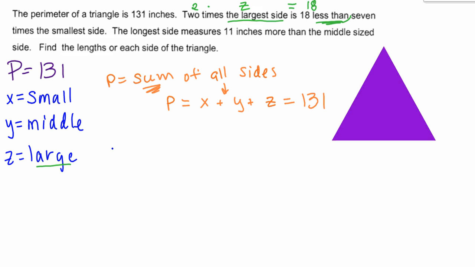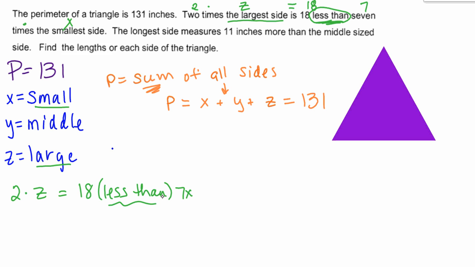So we'll circle that and come back to it, 7 times the smallest side, which we called X. So right now, here's what it looks like. 2 times Z equals 7x. This right here is tricky.